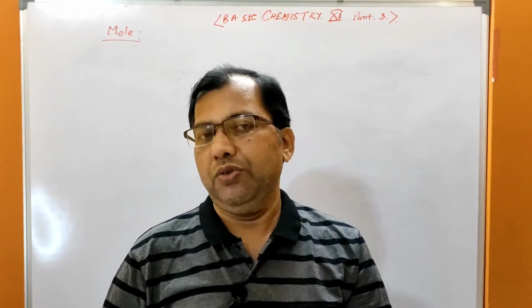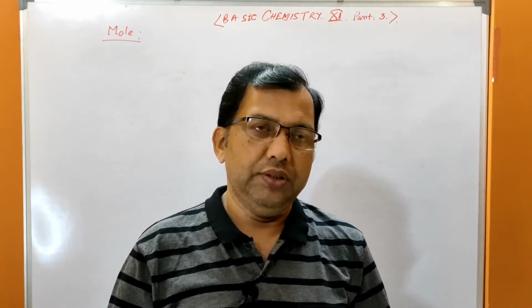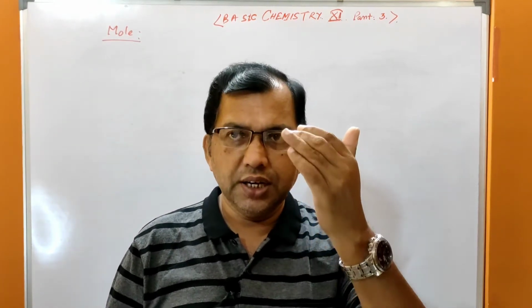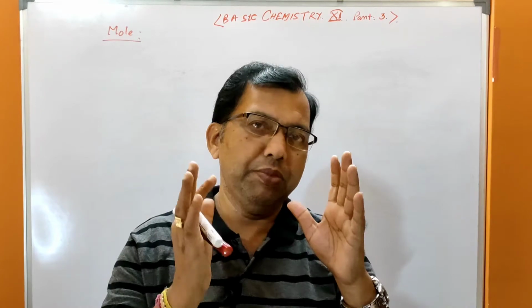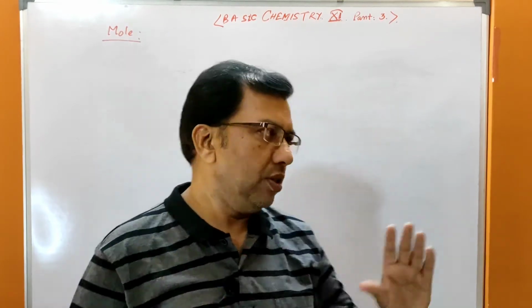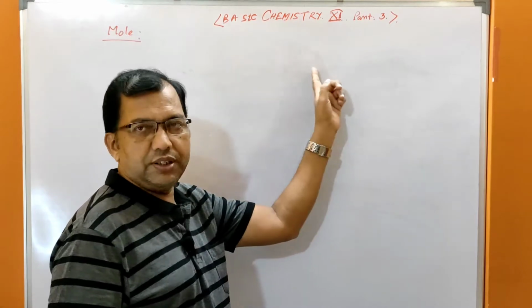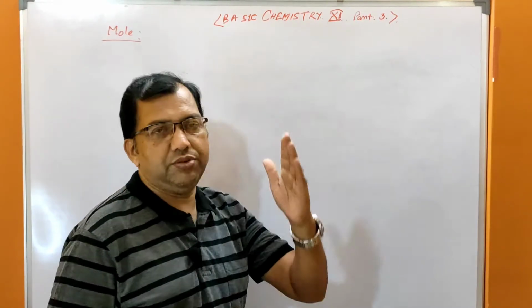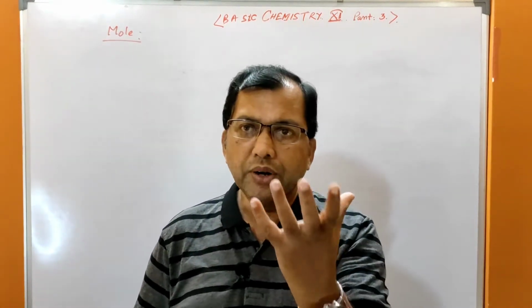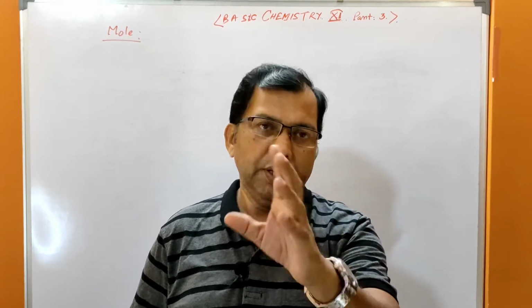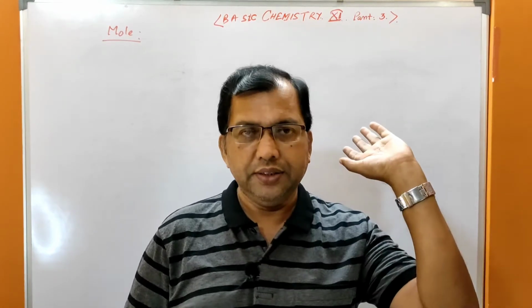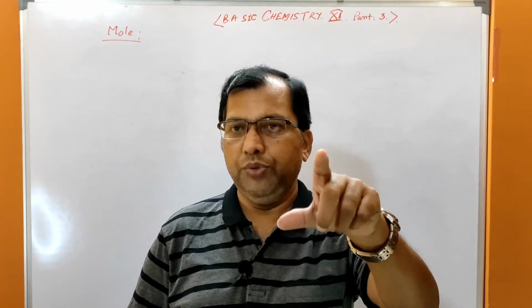The amount of substance that contains as many particles, as it is in the book. The amount of substance is one of the 7 basic units discussed, and the mole is one of the basic units.